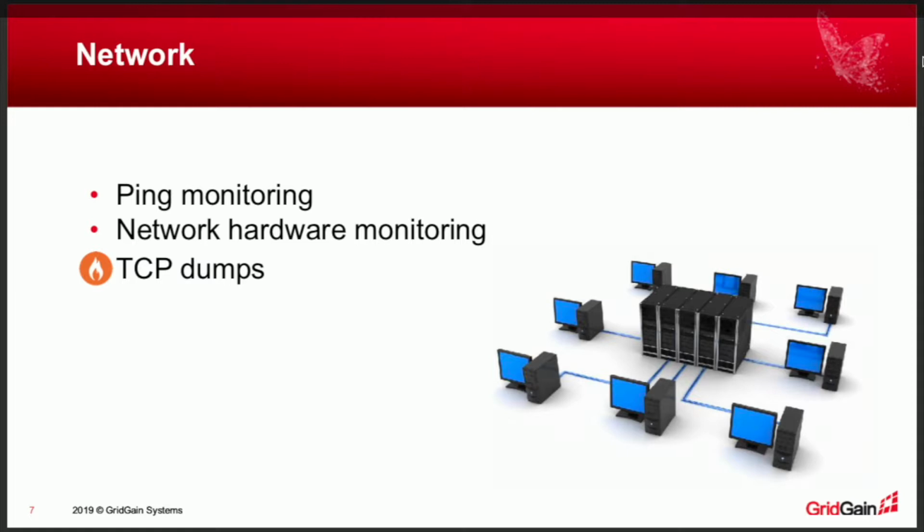And if there is some kind of delay, you will see it. Another kind of approach here is monitoring of your network hardware. If you control it and if it's your environment, you can see if the switches, routers, hubs are working, and if something goes wrong, you can somehow fix this kind of issue.